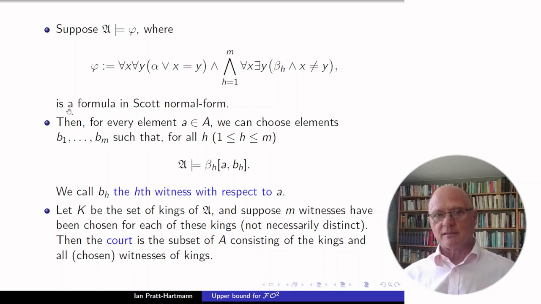So in any model of a normal form formula, there's a set of kings, at most exponentially many, and each of these kings has M witnesses, defined in this way.